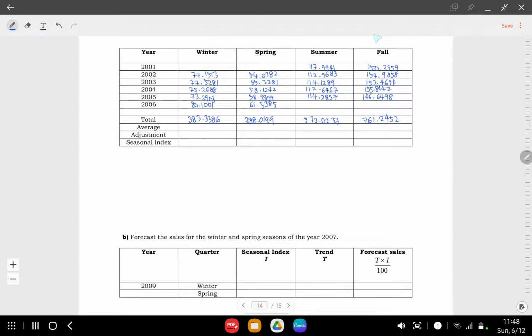So the average is 76.6677. For the spring, 57.604.